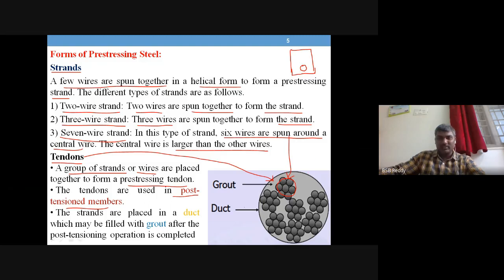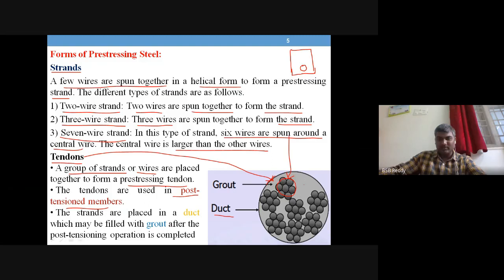This is the duct in the concrete. And then once you place the tendons and tension them, after the job is over, we pour the grout.